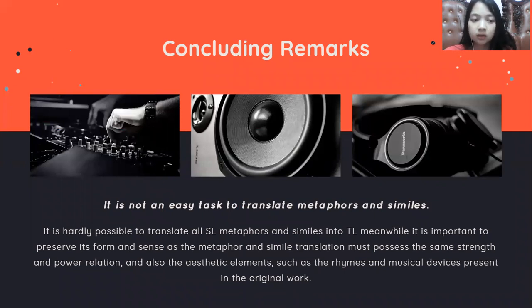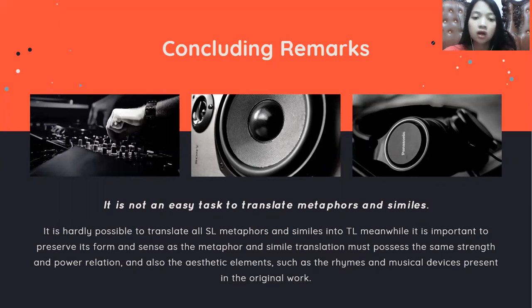We have to pick the right strategies in considering to preserve the form and also the sense. Although it is hardly possible to maintain both of the elements, form and sense, from the source language to the target language, at least they should still possess the same strength of the power relation reflected by the use of the figurative language.